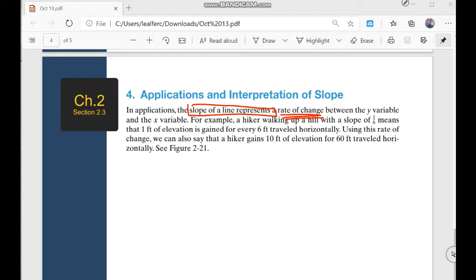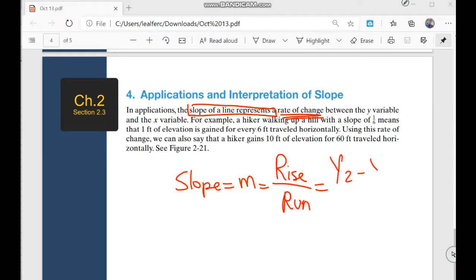If you find a question asking about rate of change, rate of growth, rate of increase, rate of decrease, anything like that, if it's a linear change, then we are talking about slope of a line. And we will be calculating using m equals rise over run, and also the formula that we learned yesterday, y2 minus y1 over x2 minus x1.